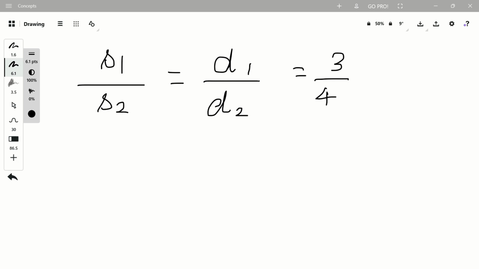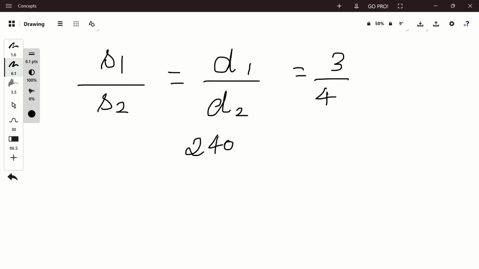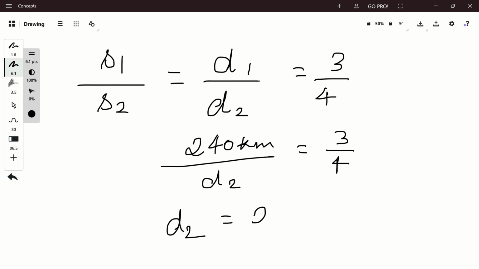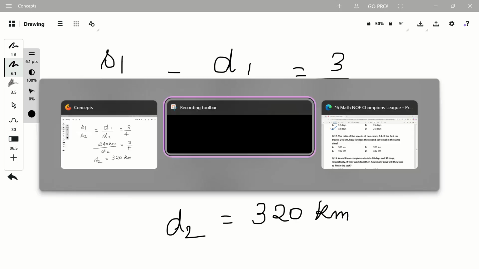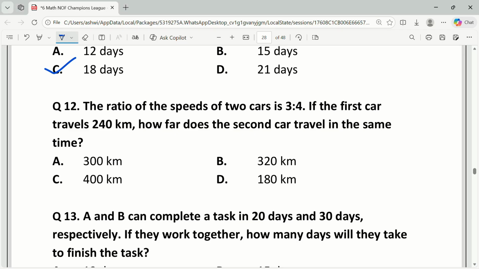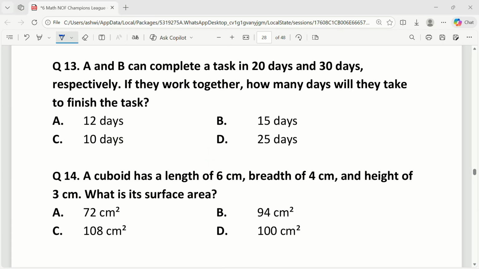Substitute the known distance for the first car, that is 240 kilometers, into the equation. We have 240 kilometers upon d2, which is equal to 3/4. Solving for d2, we have 320 kilometers. Comparing with the options, the answer is B, 320 kilometers.